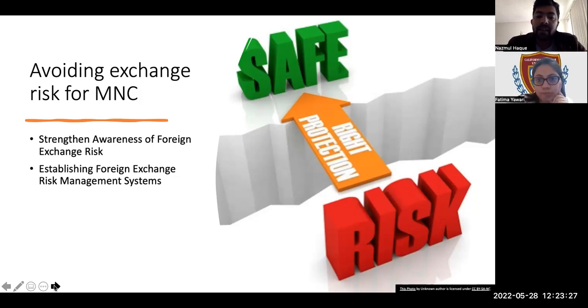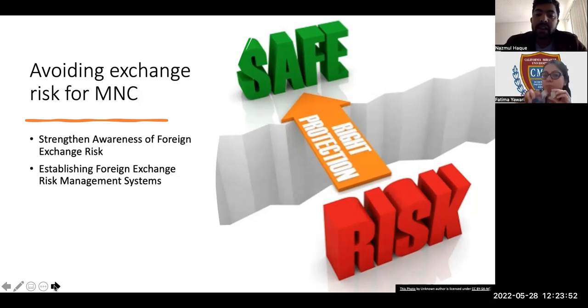Besides this, companies should set up a corresponding professional department at the headquarters to provide funds for various companies, from the perspective of the group. Each member of the company should be helped to solve foreign exchange risk problems.